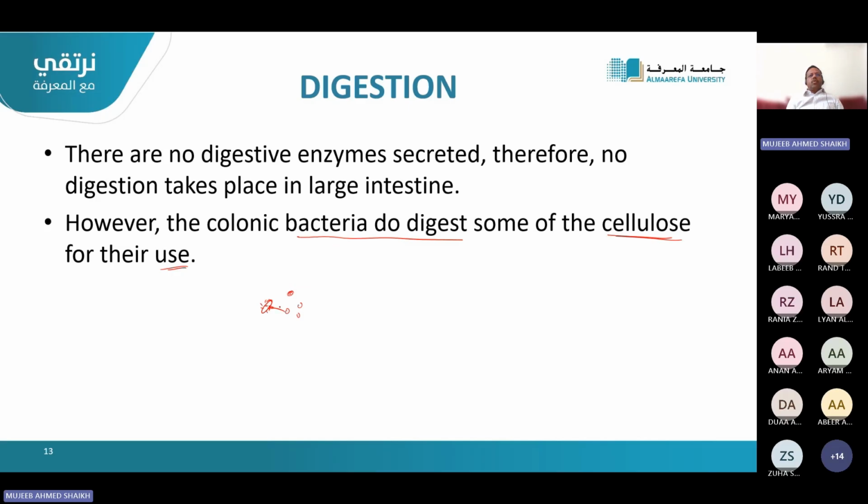This digestion is for the bacteria which are present. So basically, you can say no digestion for fat, protein, or carbohydrate. But for cellulose, yes, there is digestion, but this is useful for the bacteria, supplying energy to the bacteria.